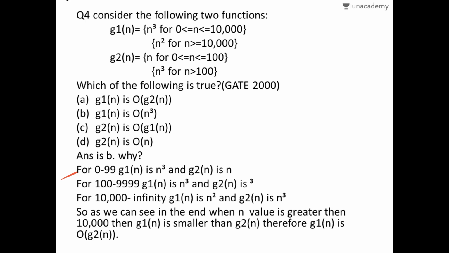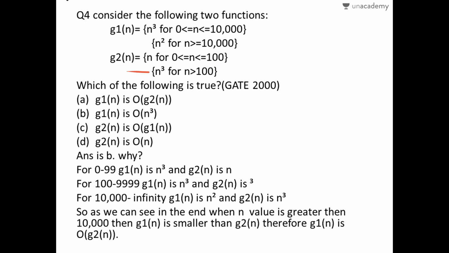We will see only those values, and on the basis of that we will conclude the answer. So we will see the growth rate now. For 0 to 99, G1 will be n cube and G2 will be n. For 100 to 9999, G1 will be n cube and G2 will be n cube, because after 100 the value of G2 will be n cube.